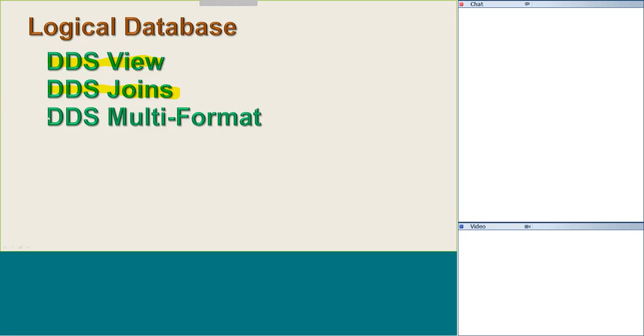Then you have a DDS multi-format. I call it a multi-format. The manual calls it a non-join logical, where you can structure a file over multiple physical files, where each physical file actually consists of a separate record format.